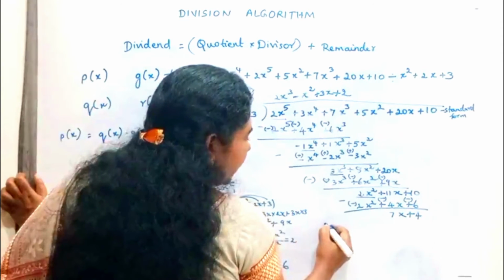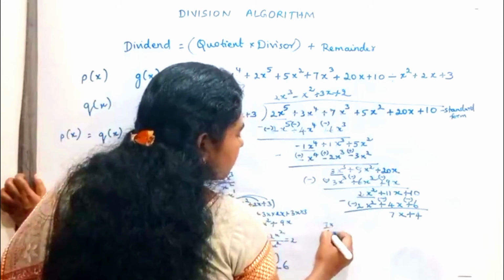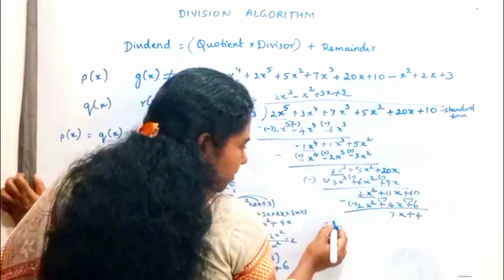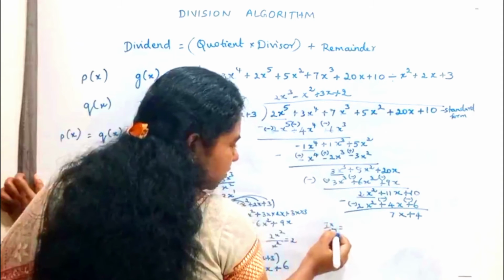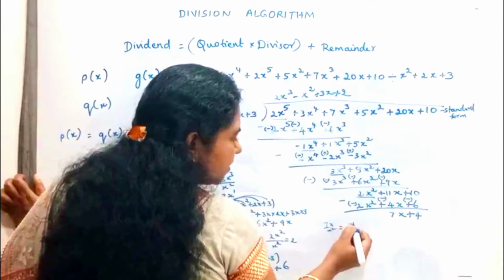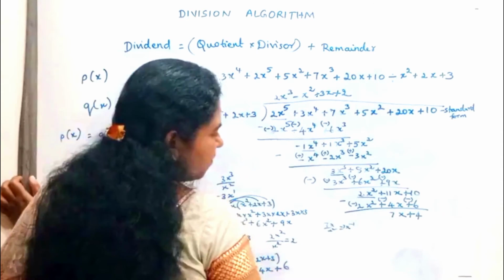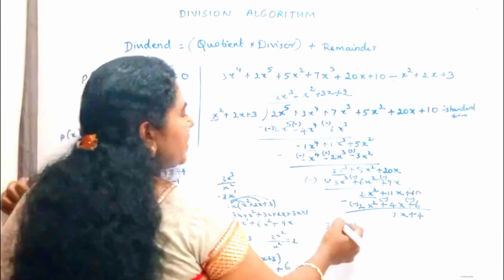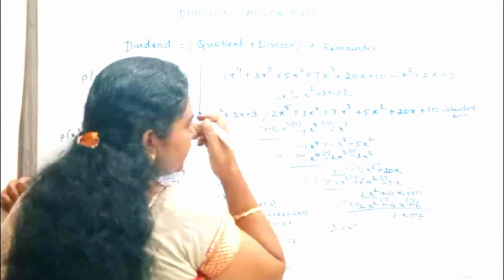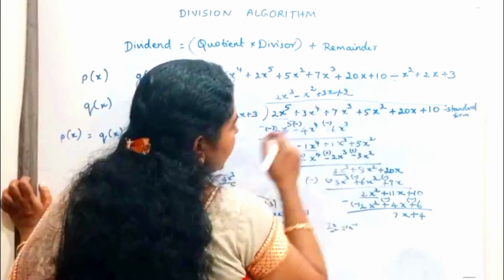If we are dividing this 7x by x square, we will get, here it is x power 1, here it is 2. So 1 minus 2, it is minus 1. So you will be getting 7x power minus 1. So if I am writing that here, we will be getting a negative power.